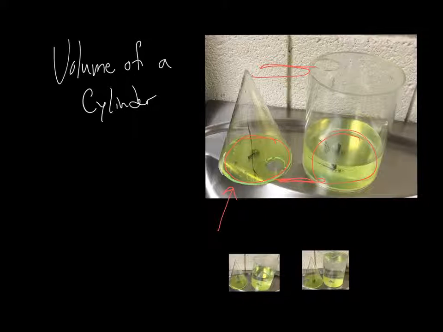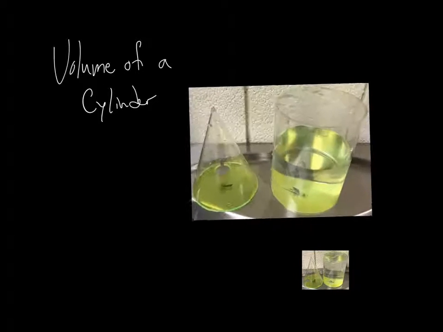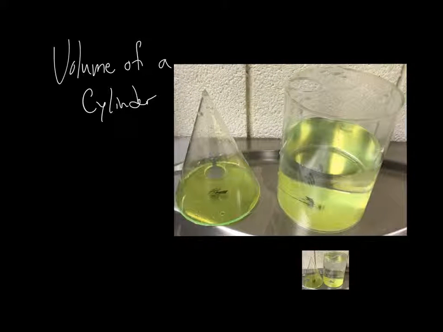And what I've done is I've filled this cone up with water and I dumped it in, and we're at this height. That's cone number one, trying to fill the cylinder. Cone number two. Well, what do we notice? A little bit more water, right?